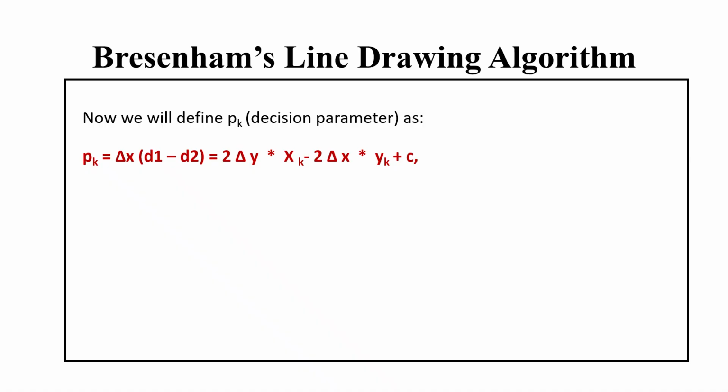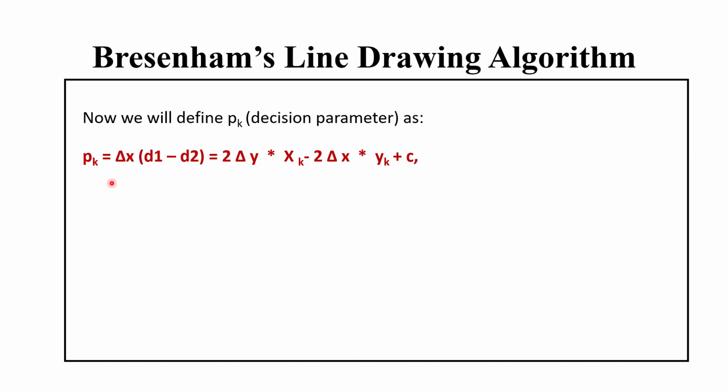Now I have to define a decision parameter with the help of the above difference. The decision parameter is given by pk is equal to del x into the difference that I calculated, that is d1 minus d2. This del x can also be written using the formula m is equal to del y by del x.